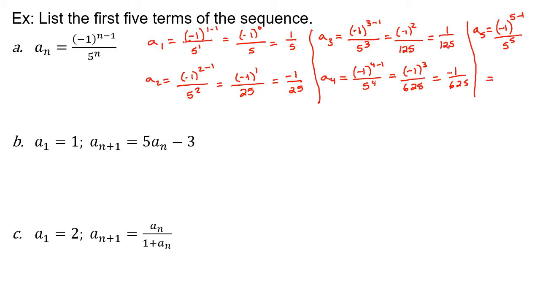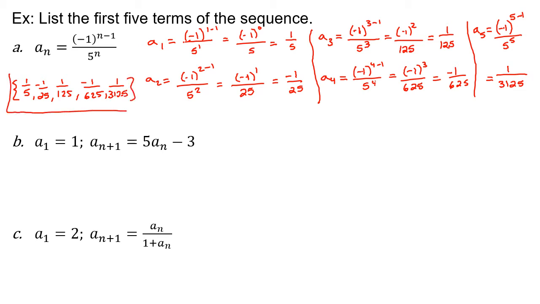Negative 1 to the 4th would be a positive 1. And everybody knows 5 to the 5th, hopefully, is 3,125. If you don't know that, that's what a calculator would be for. And so our list would be 1/5, negative 1 over 25, positive 1 over 125, negative 1 over 625, and positive 1 over 3125. And that would be your first 5 terms.